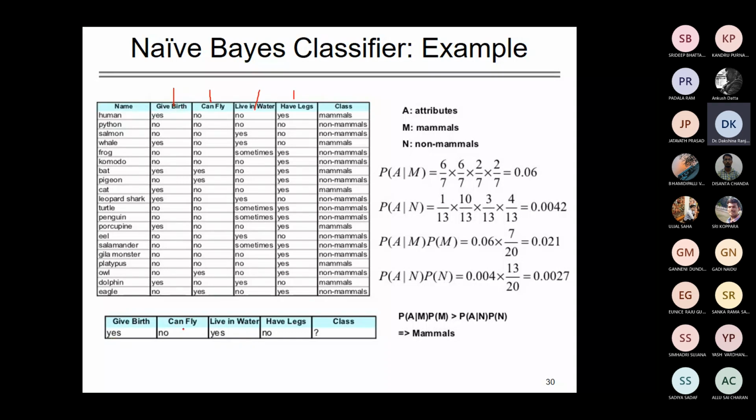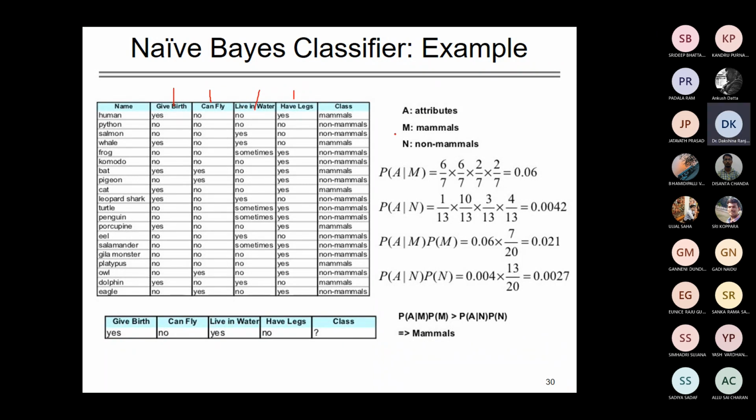For the second attribute, can fly, the value is no. For the third attribute, the value is yes. For the fourth attribute, the value is no. Now here we have to predict the class. So this is the given data set, where we are having four attributes and also the class information.